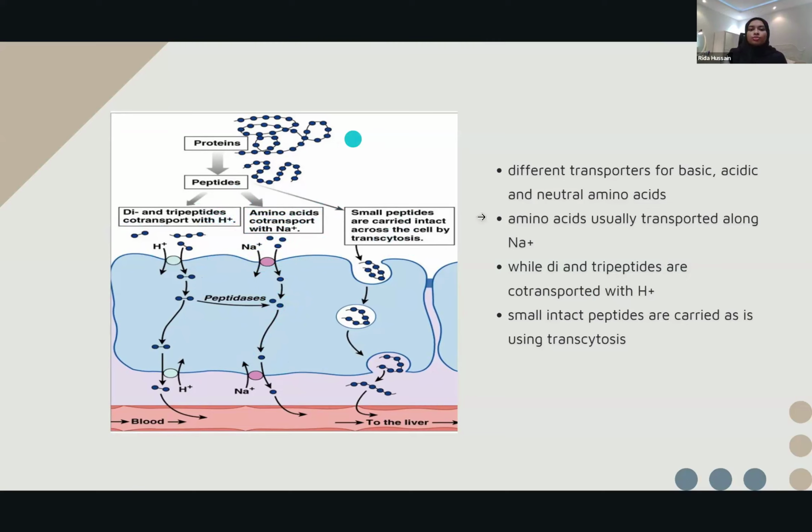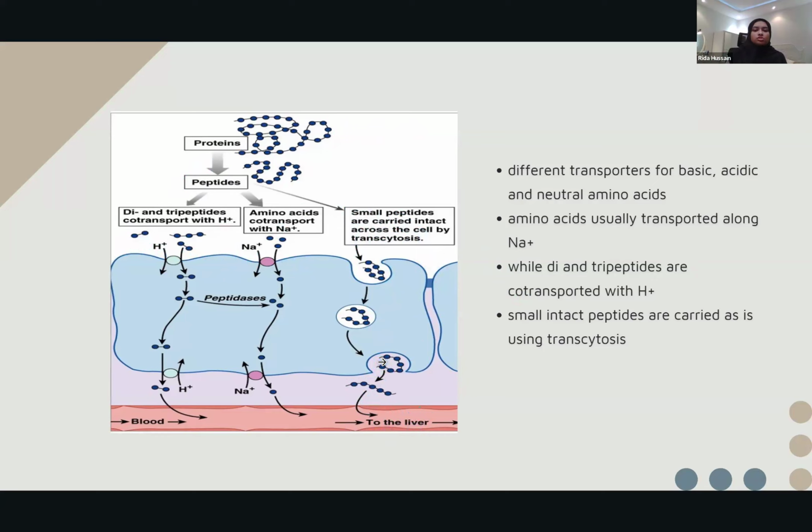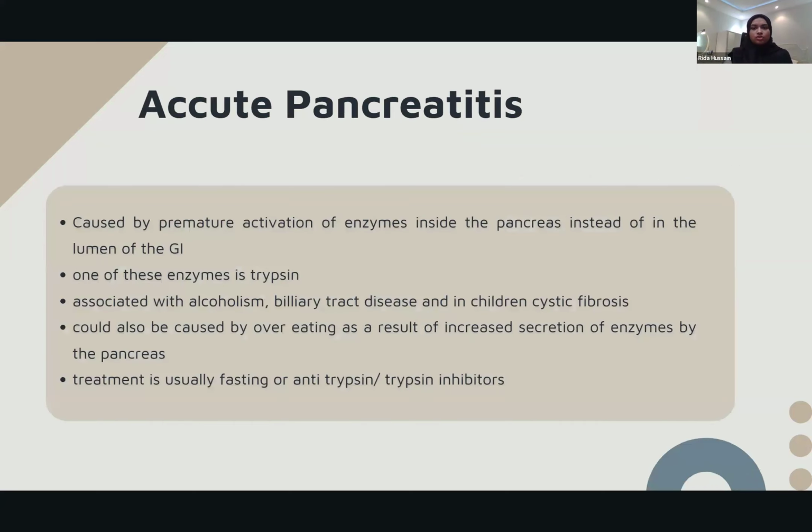And some smaller peptides that haven't been broken down, or you can call them oligopeptides because they're more than 2 or 3 amino acids in a chain, just undergo transcytosis, which is basically moving from the GI lumen into the blood. This is transcytosis, or you can say a combination of endo plus exocytosis. So yeah, just know that.